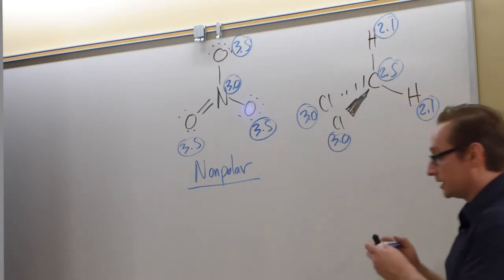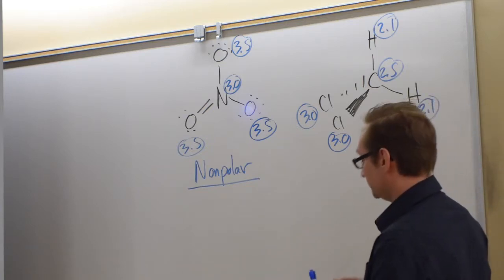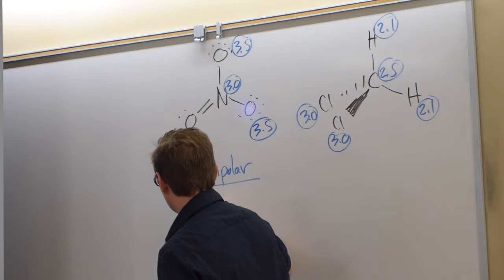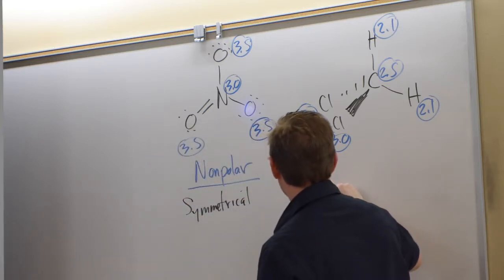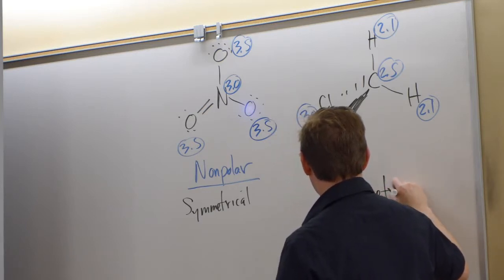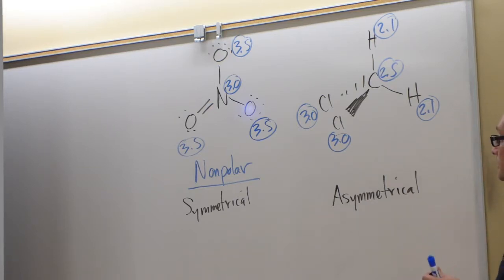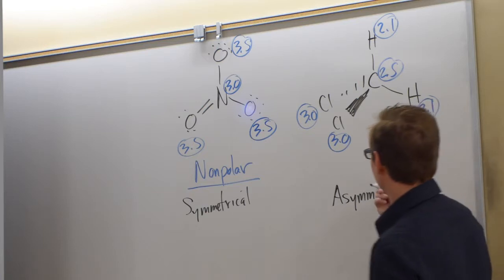So write down the electronegativities in there. Asymmetrical or symmetrical? It's asymmetrical, right? This one was symmetrical. This one is asymmetrical. So that means this molecule has to be polar.